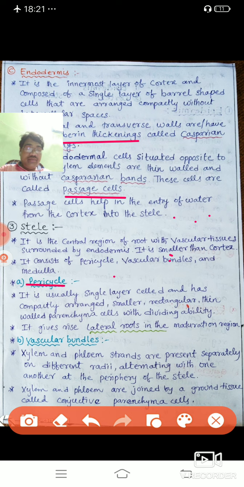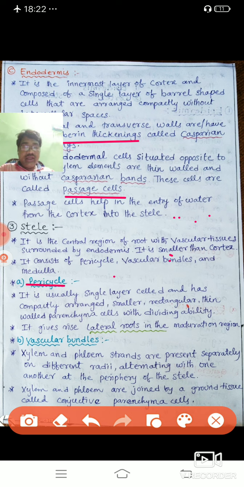It means the vascular bundles are arranged alternately. Alternate means radial, separate to each other. That is the type of vascular bundles.